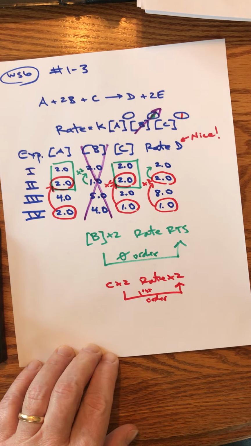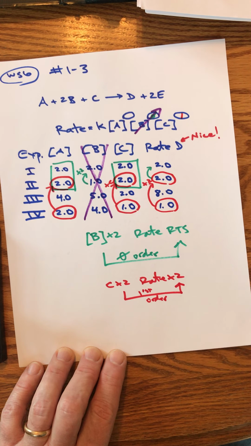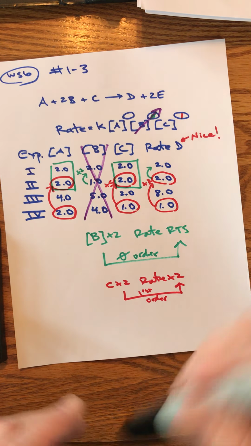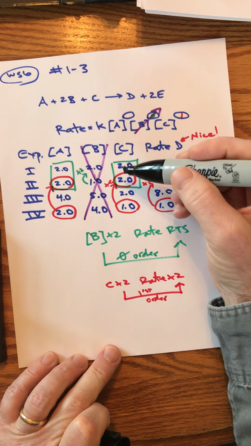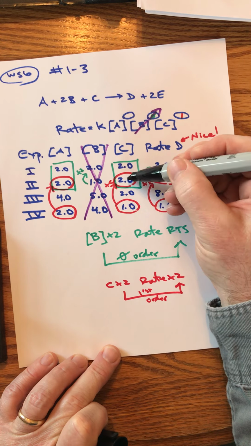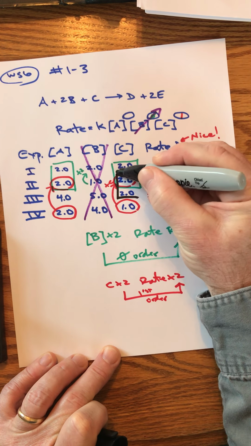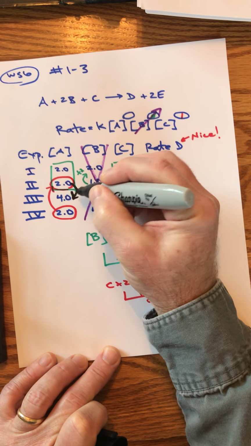Now I want to change only A. I want to leave C constant. Do I have a series of experiments that do that? I know it's getting cluttered here, but take a look. I have experiments 2 and 3. C remains the same, but A doubled.